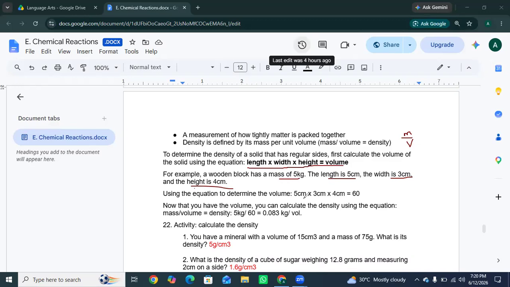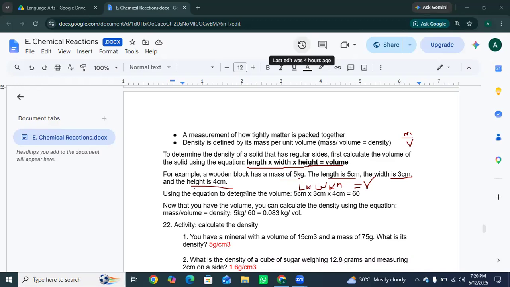Using the equation to determine the volume, you just have to multiply length, width, and height. So you will get the volume.